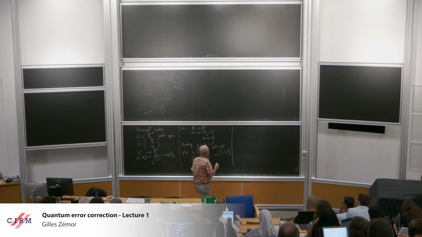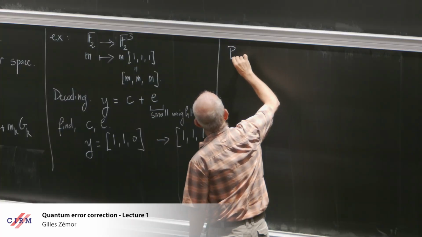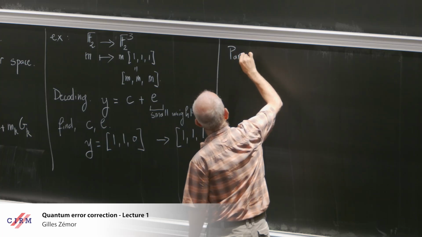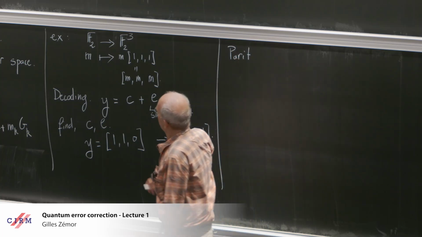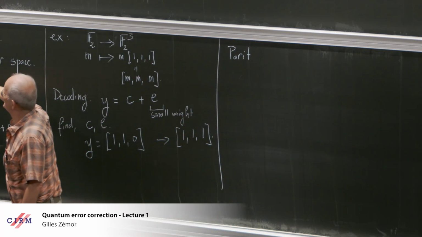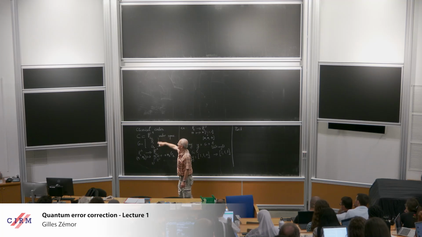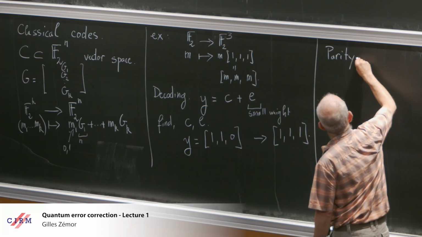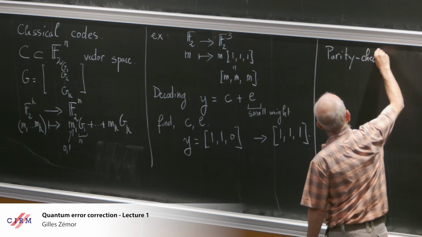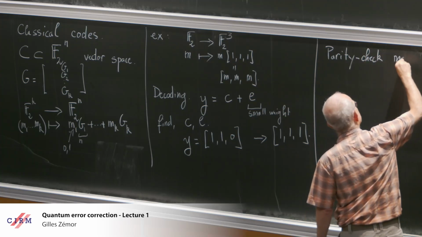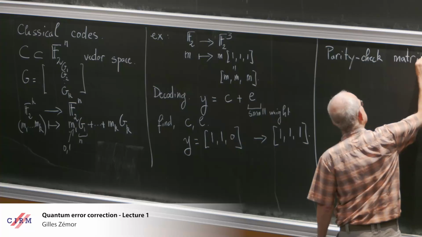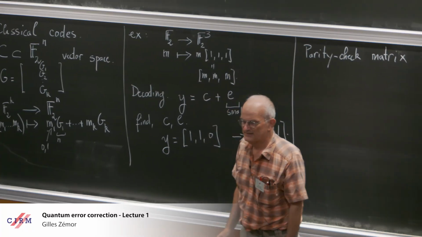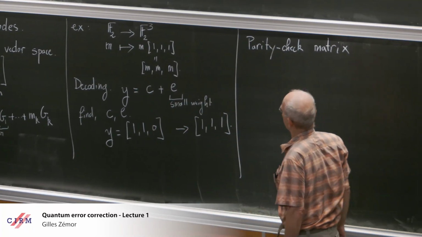Okay, there's an alternative way of thinking about a linear code, which is you don't think about a basis of the code. You will consider what coding theory jargon names a parity check matrix for the code.